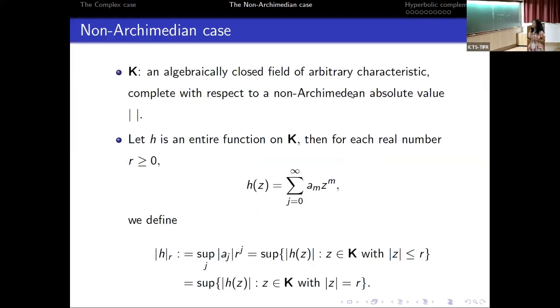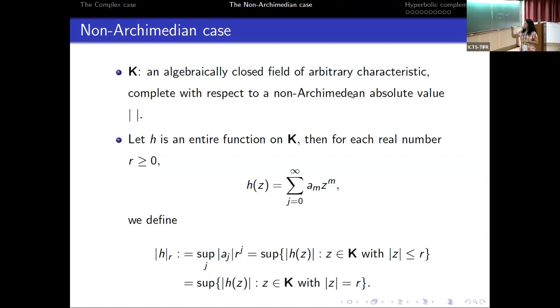So what I want to do is translate the question from complex K into a non-Archimedean field, because for a non-Archimedean field, the absolute value is much stronger. The absolute value of a sum is not the sum of absolute values; it has to be smaller than the maximum of each absolute value.